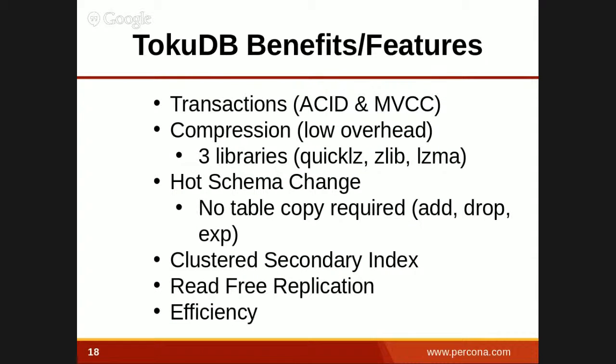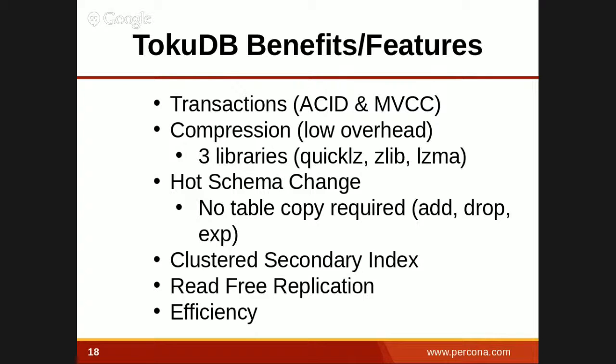So if you just look at TokuDB in MySQL, because that is probably the most commonly used implementation of Fractal Trees these days, it gives you transactions and MVCC similar to InnoDB. It gives you compression. You can typically get much more powerful compression with a lot lower overhead than InnoDB. It gives you hot schema changes with no table copying required.